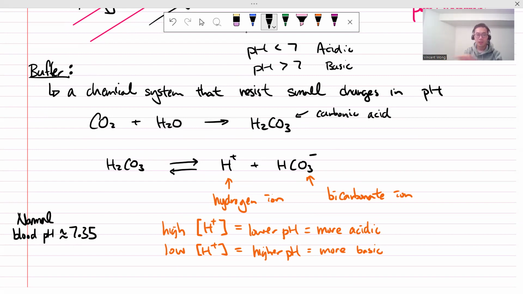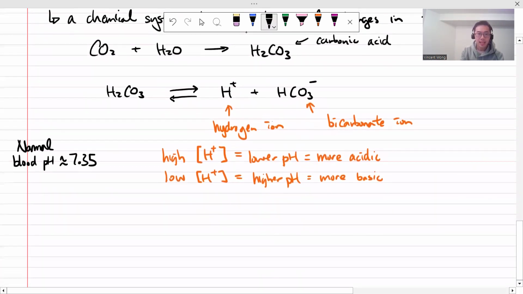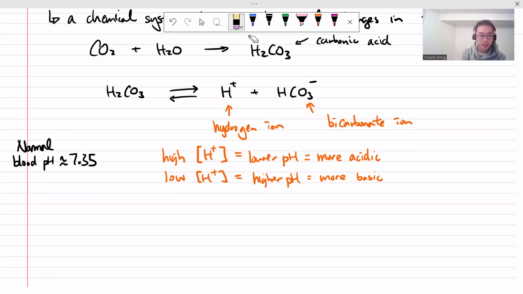So in the blood, you have this buffer system. H2CO3 is going to break down into H plus and HCO3. The HCO3 is not going to contribute to pH directly. It's the H plus that contributes to pH. So let's say maybe you eat something, you drink a lot of citrusy stuff, orange juice, red wine, what have you. Then you all of a sudden have a low blood pH.